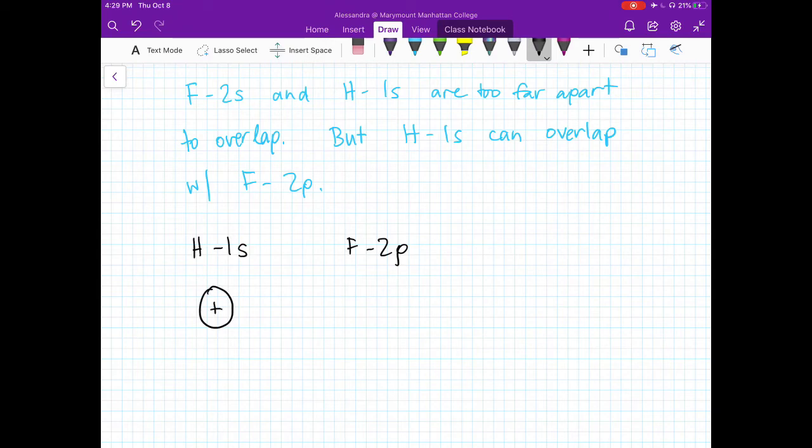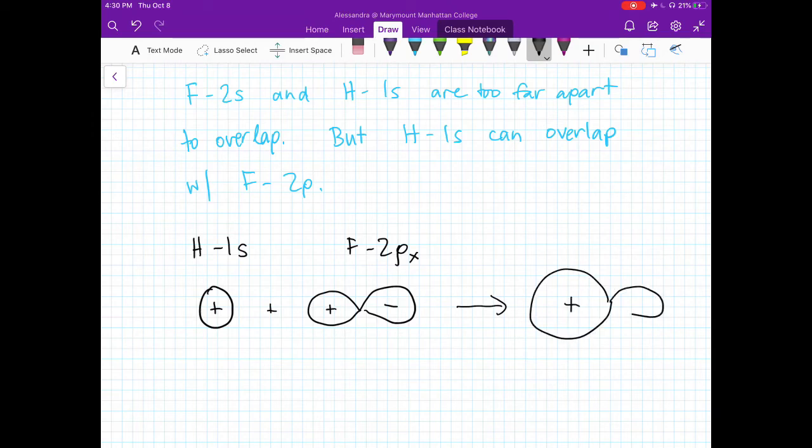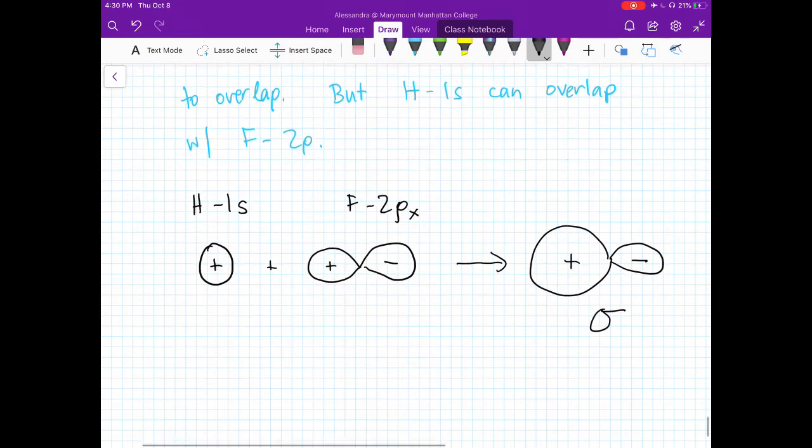And that would be if you added the 1s orbital to the fluorine 2p x orbital, assuming that this horizontal axis is the x-axis. If you add those two orbitals together, you can get some really nice constructive interference and have some nice sigma bonding interaction along the bonding axis.